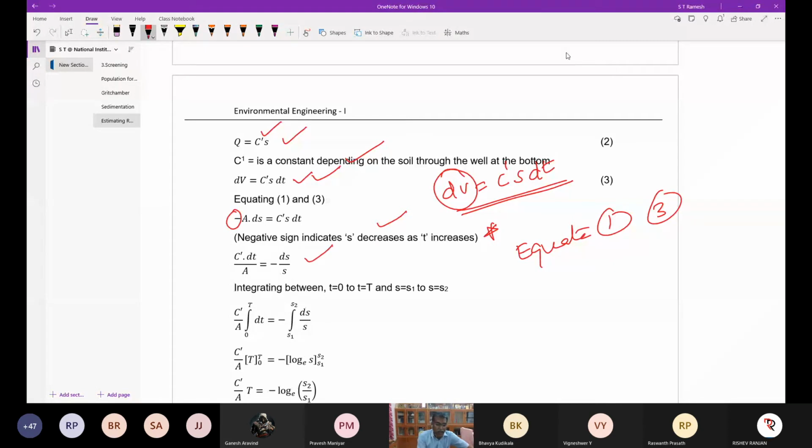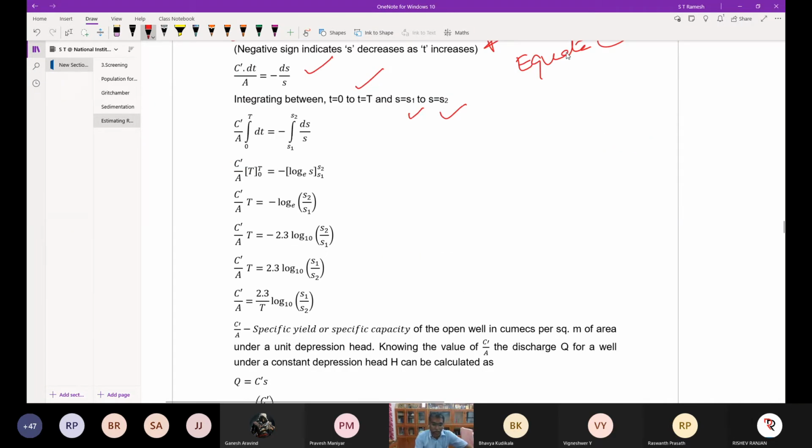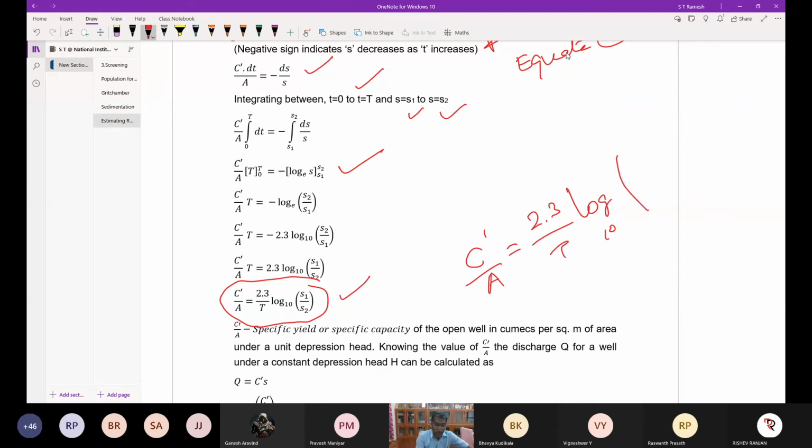If I equate these two and integrate for the whole term where t is from 0 to t and S from S1 to S2, and substitute the limits, you may get an equation like this: c dash by A is equal to 2.3 by t log to the base 10 of S1 by S2.